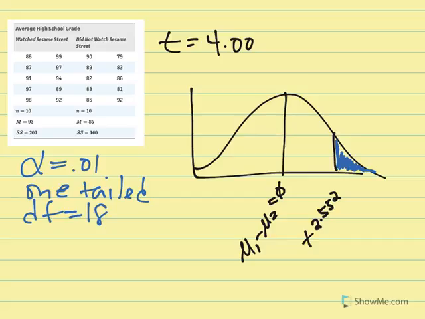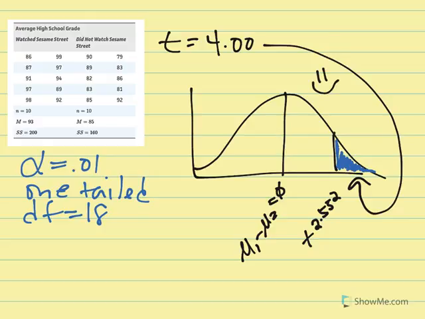And now we see where this value resides. Obviously, it's to the right of our critical t. We're happy, right? We get to reject our null hypothesis. And it should be no surprise that we are rejecting the null hypothesis because of the fact that we rejected using a non-directional hypothesis test.